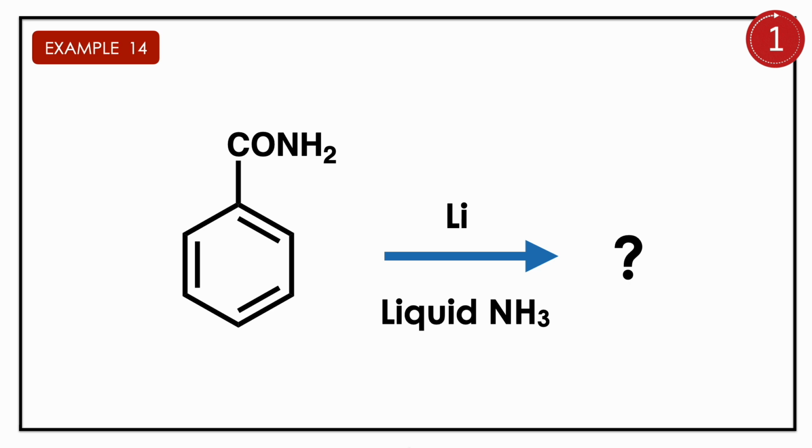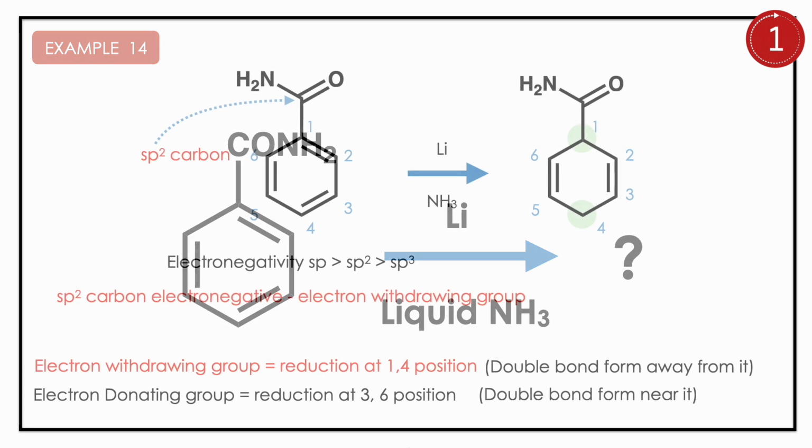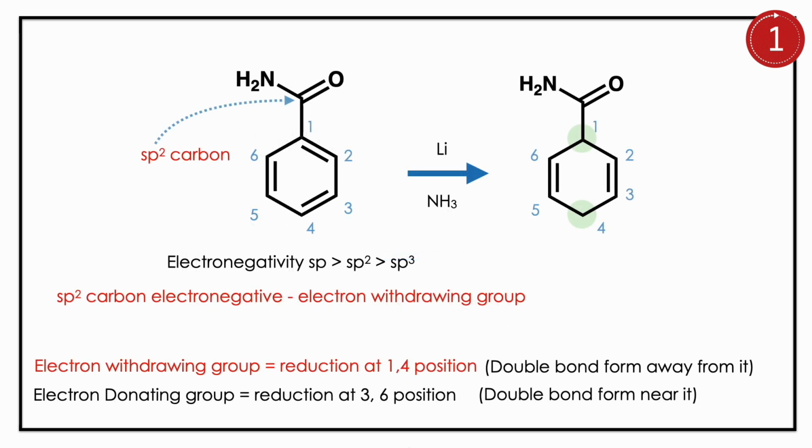Then the next example, you have benzamide. You are using lithium and liquid ammonia. You should find what the final product will be. The product formation is similar to benzoic acid. The starting material is benzamide, a carbonyl with an amine. The carbonyl has an sp2 hybridized carbon.